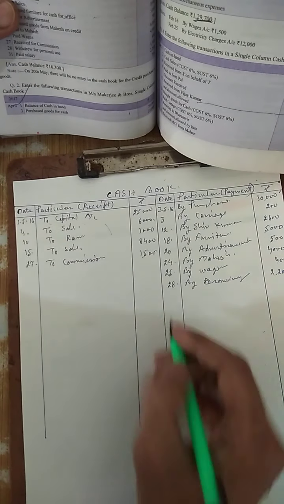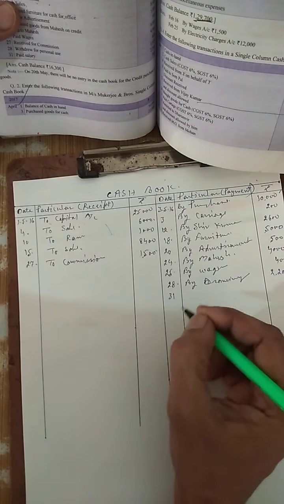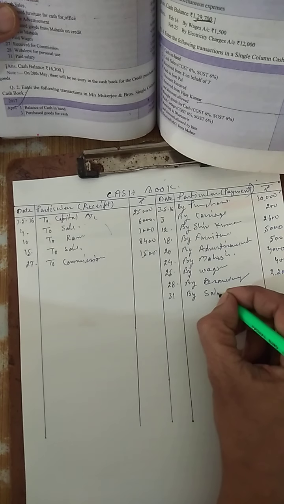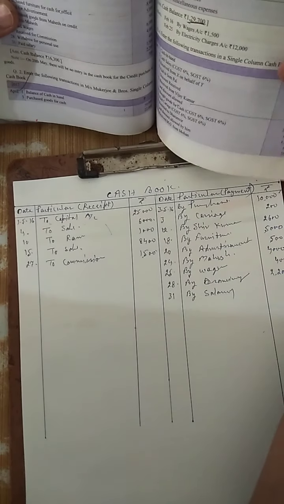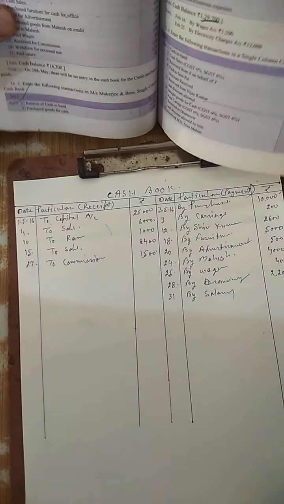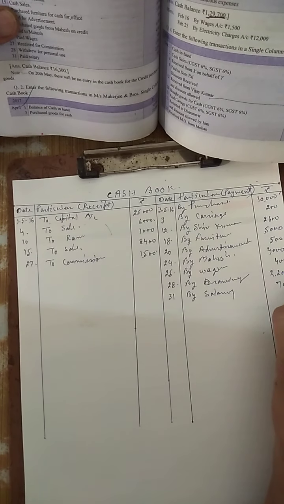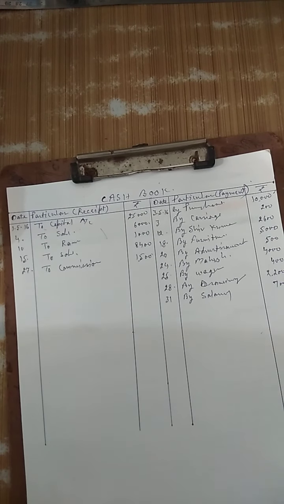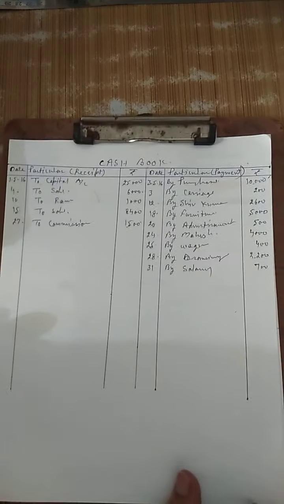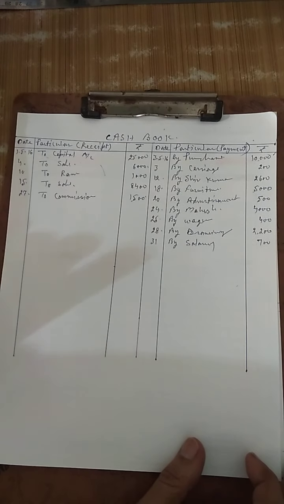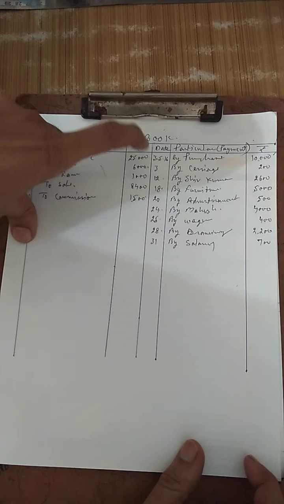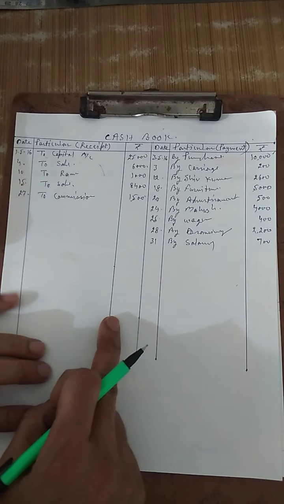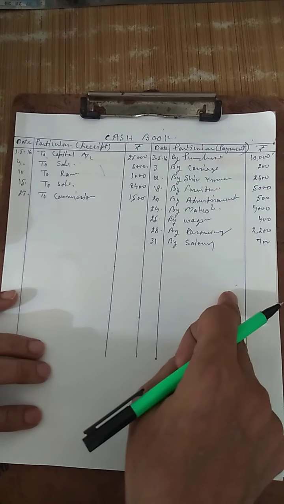Now last transaction, 31st. Paid salary. It is also payment. By salary, the amount is 700. Now we will find the balance of cash. In single column cash book, the debit side is always more than the credit side.